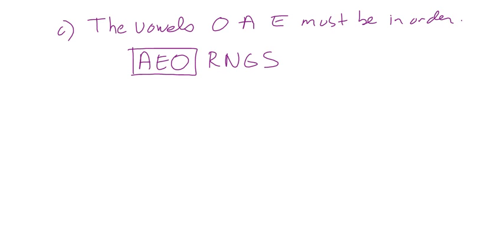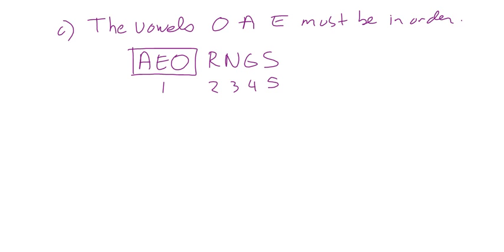So what I'm going to do is treat the vowels, if those are on Scrabble tiles, I'm just going to glue them together, right, in order, A-E-O, and treat them as one block now, right? So if they've got to go in order, then they're one thing, and I now have 1, 2, 3, 4, 5 objects to arrange.